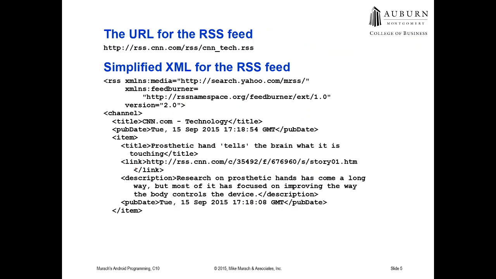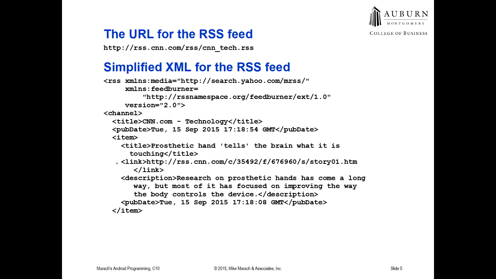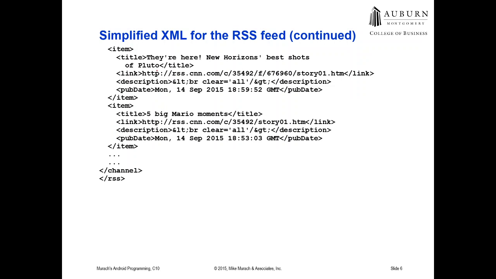What has to be included in an item is a title, link, description, and published date. You'll have the same elements under each item, and you have closing tags like channel and RSS, then the XML that you downloaded from RSS is finished.